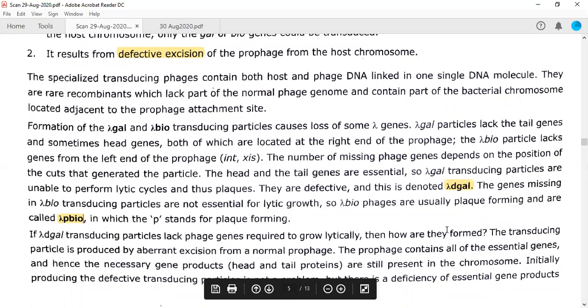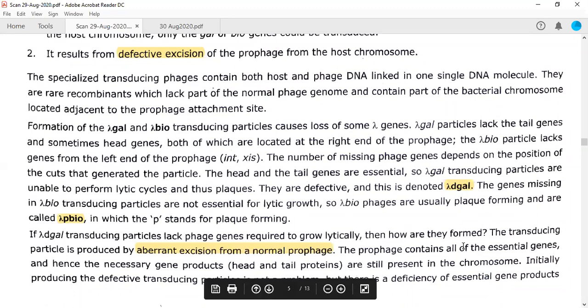And how is it formed? The transducing particle is produced by aberrant excision from a normal prophage. It was a normal prophage, but if there is an abnormal excision, it will produce this type of particle. So even a normal prophage can produce these defective particles, right?